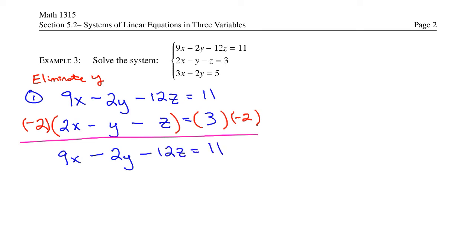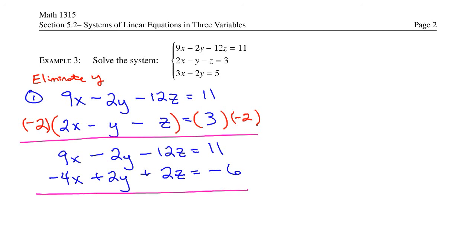The bottom equation becomes negative 4x plus 2y plus 2z is equal to negative 6. Add the equations to eliminate the y's, and we get 5x minus 10z is equal to 5.